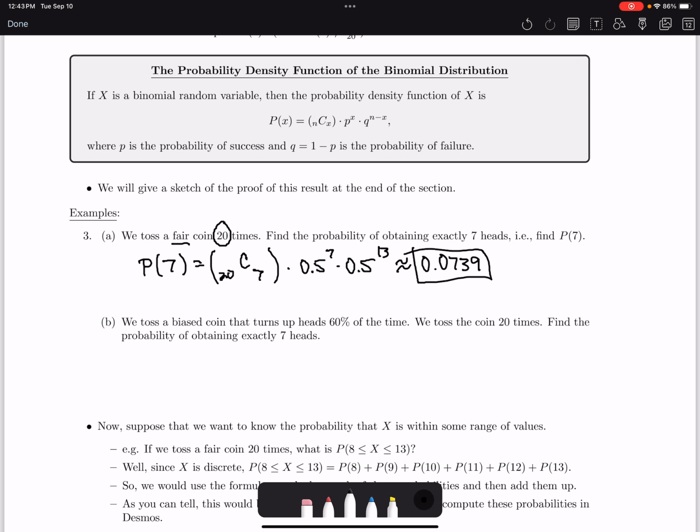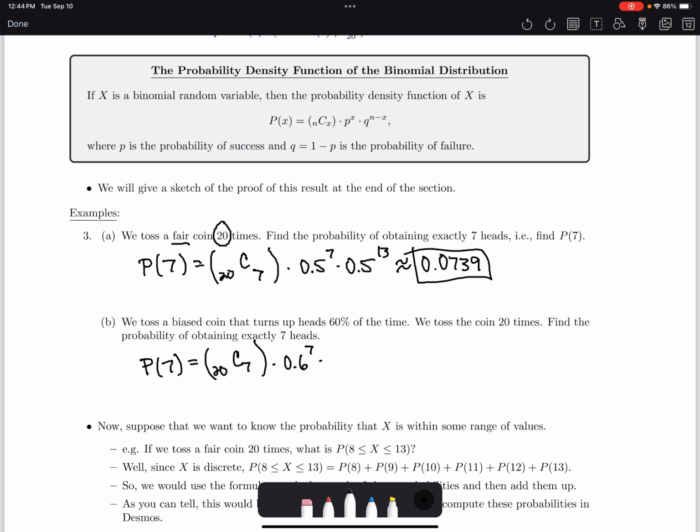For part B, this time it says we toss a biased coin that turns up heads 60% of the time. We toss the coin 20 times. Find the probability of obtaining exactly 7 heads. This is very similar, except this time the coin is biased. So it's 20 choose 7, times p. The probability of heads this time is 60% because it's a biased coin.